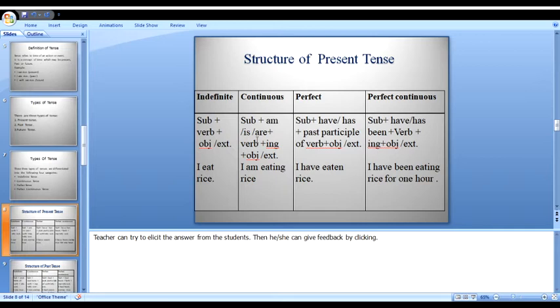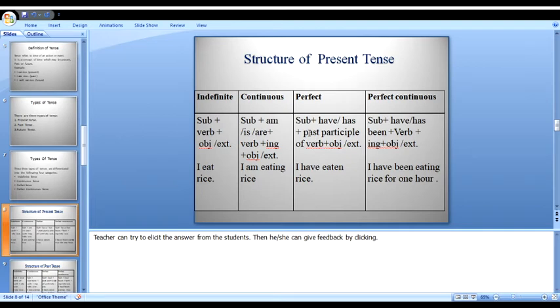That means you have to use the to-be verb am or is or are according to the person of the subject. Then you have to add a verb, and with the verb you have to add ing. Then plus object or extension. The example is I am eating rice.